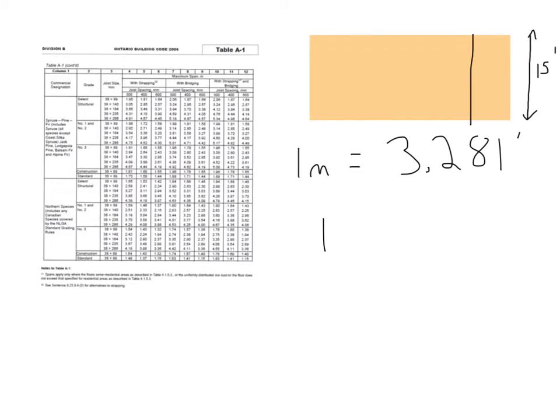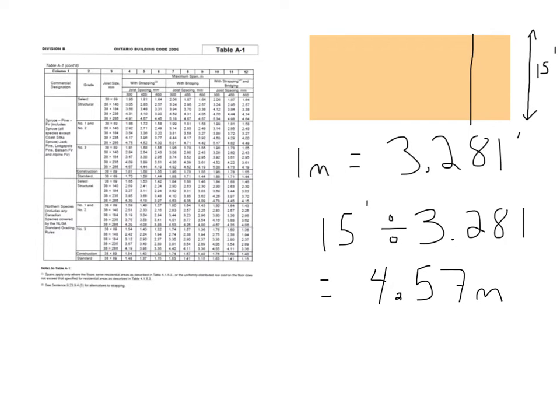So I'm going to take that 15 feet, divide it by 3.281, and that's going to give me 4.57 meters.